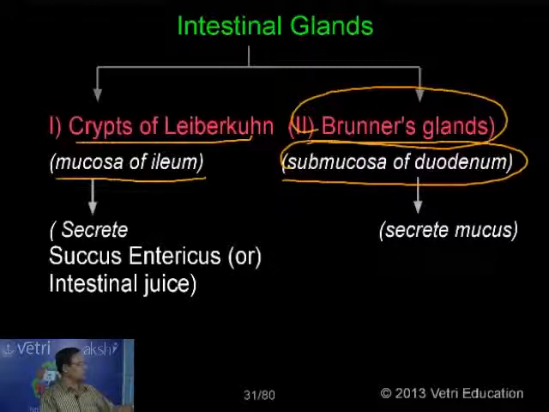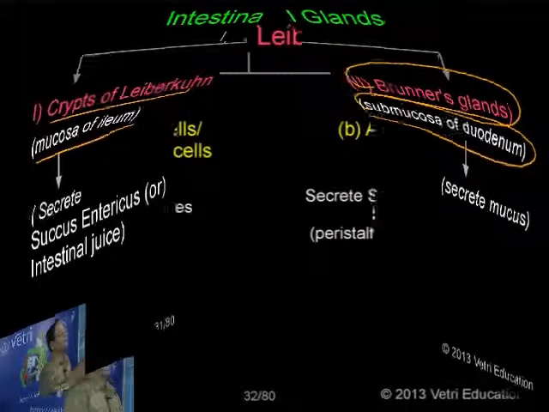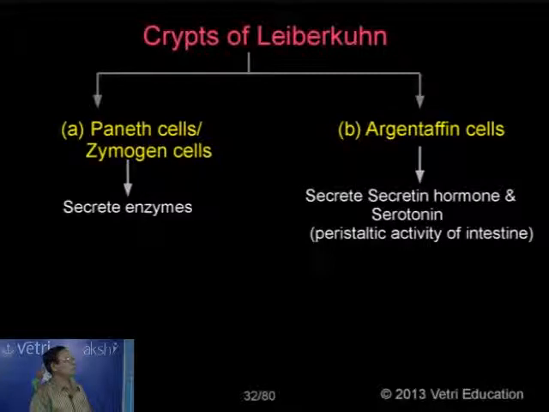Totally it is called intestinal juice, formed of the secretions of Lieberkuhn and the secretions of Brunner's glands. Brunner's glands are mainly concerned with the secretion of mucus and are found in the submucosa of the duodenum. We'll go further about the crypts of Lieberkuhn, one type of intestinal glands.